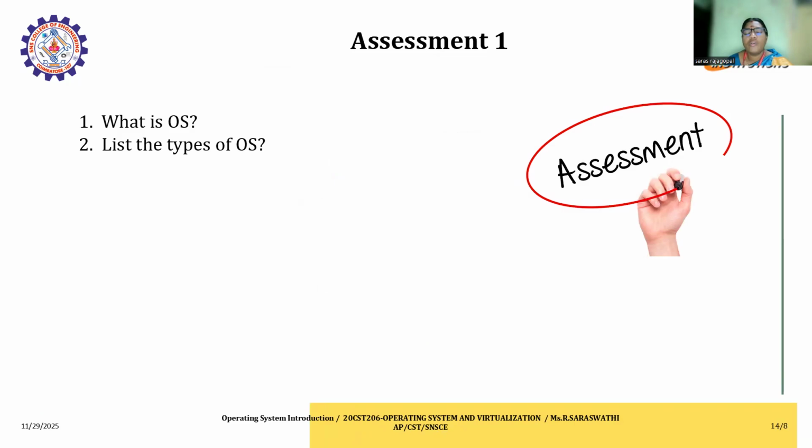Assessment. What is an OS? What are the types of OS? These are the assessment of this topic. An operating system controls and coordinates between the user, computer hardware, and the application software resources. Types of OS: the real-time operating system and the modern operating system.